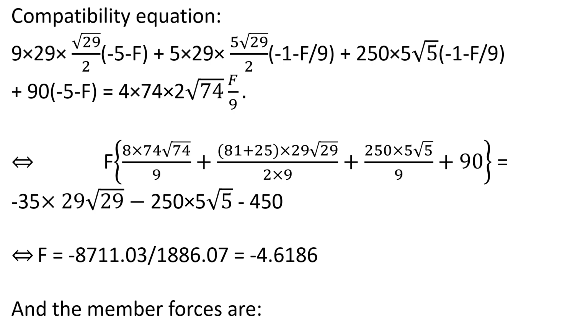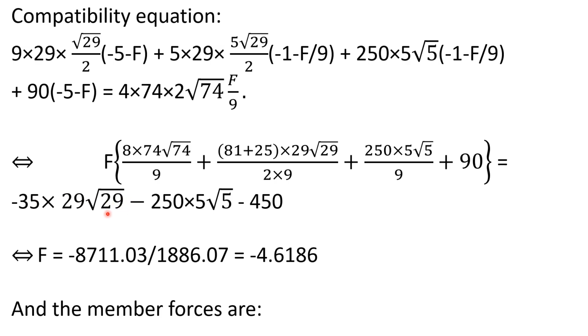So here is the compatibility equation, just copied and pasted from the previous slide. There's just one unknown here, which is f, so I put the terms in f on the left hand side, so it's f into this bracket equals, carry the terms without f on the right hand side, and these are the terms without f.